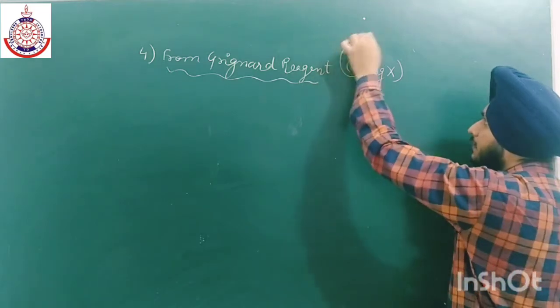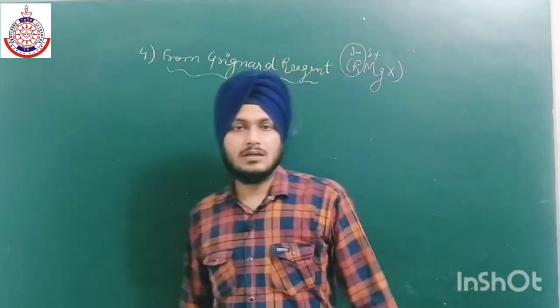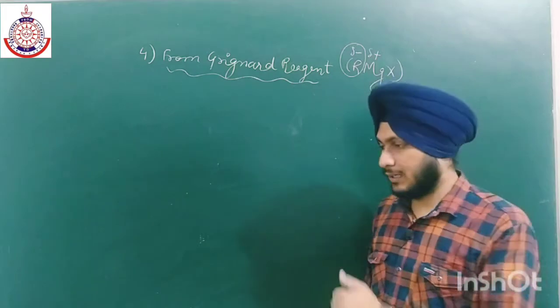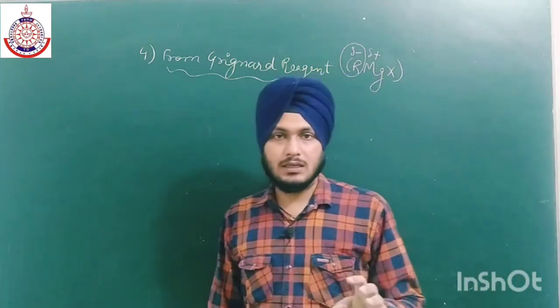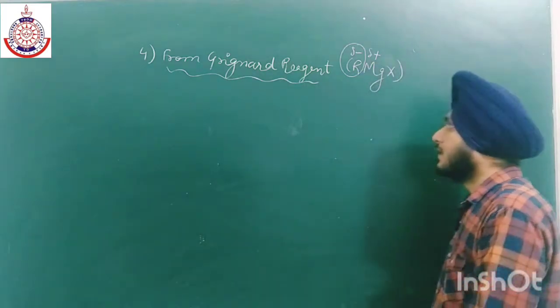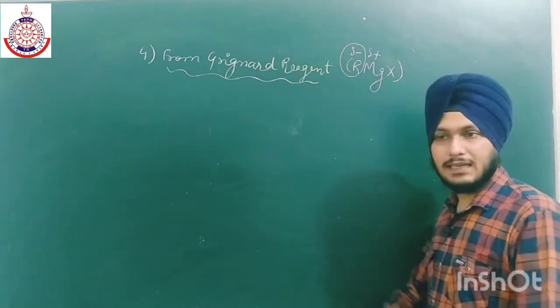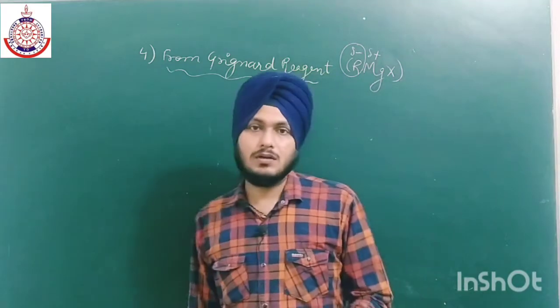So this R negative will act as a good nucleophile. This will give us a chance to get nucleophilic substitution reaction, and in this case also nucleophilic attack will take place.